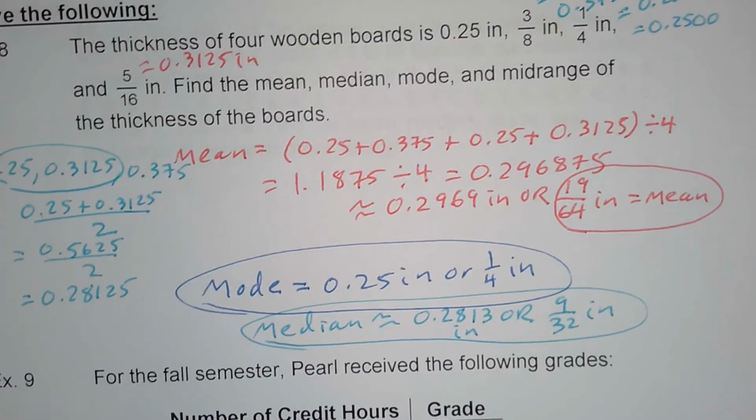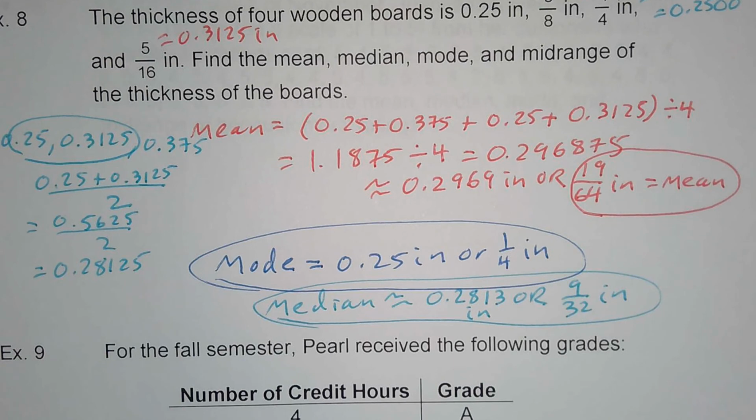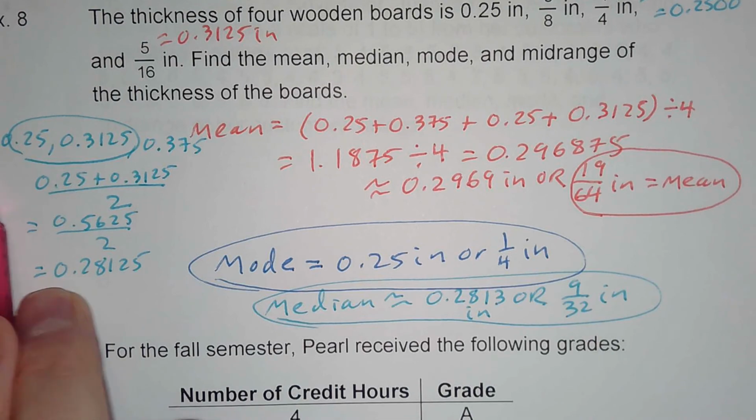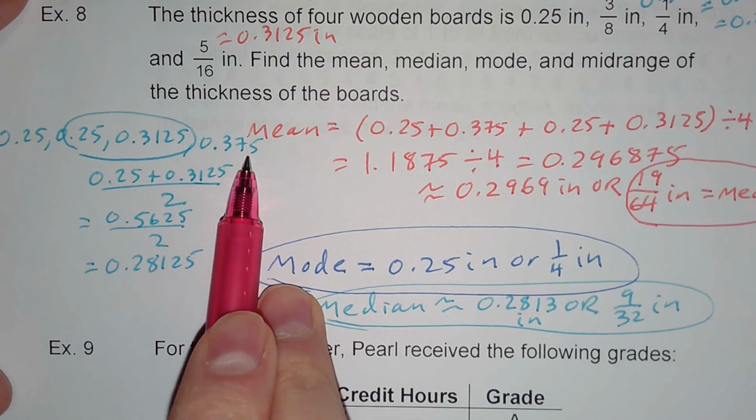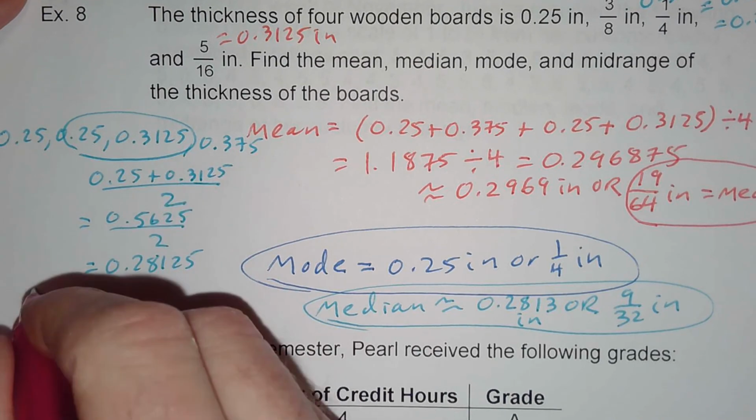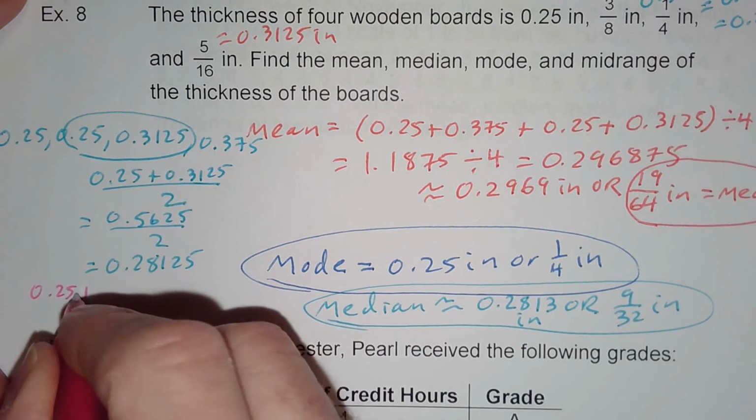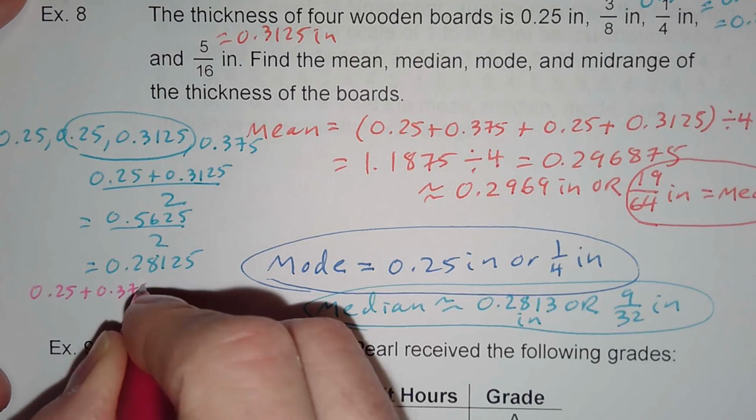Okay, so last thing we need then is the mid-range. Well, that's my lowest data value right here, that 0.25. My highest is the 0.375, so I'm going to add those together and divide by 2. I'm running out of room here.